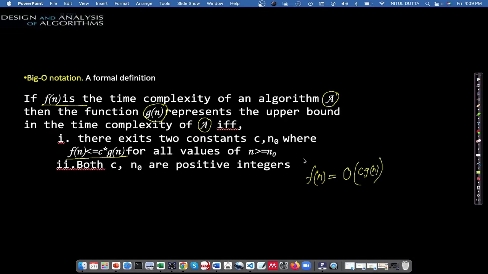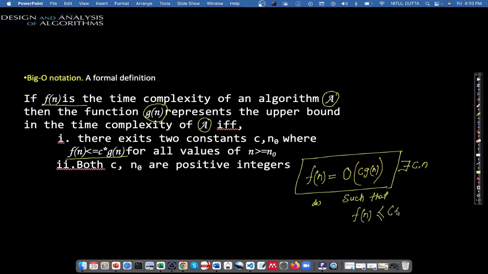This is the way that we represent the upper bound of the time complexity of any algorithm, for some value of c and n naught, such that f(n) is less than or equal to c multiplied by g(n) for all n greater than or equal to n naught.